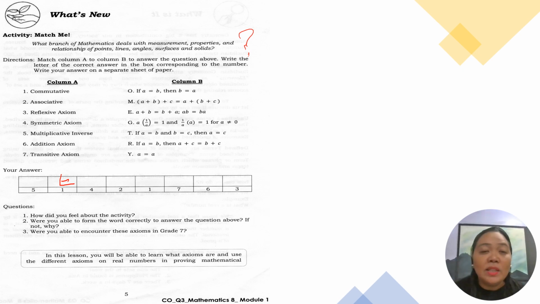But I would like to discuss further the given equalities. That is just a recall of what you have learned in grade 7 actually. Number 2 is associative property. What does associative property say? It says that the groupings of any addends will not affect the sum.